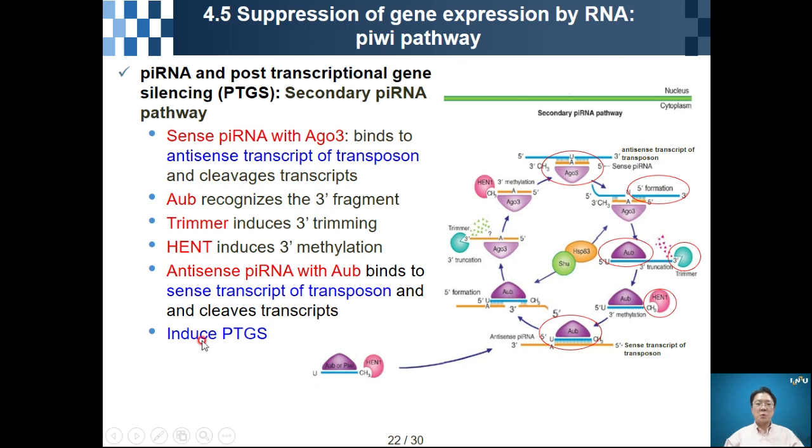This is recorded as post-transcriptional gene silencing, PTGS.